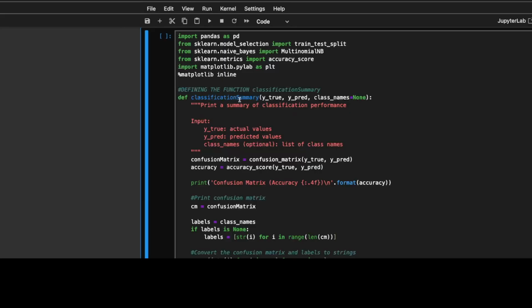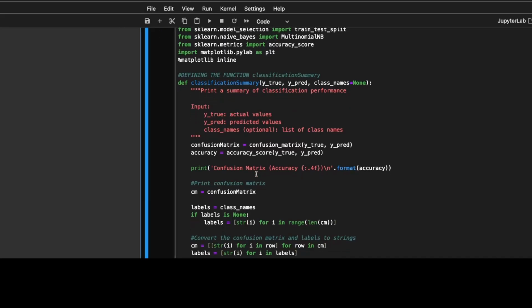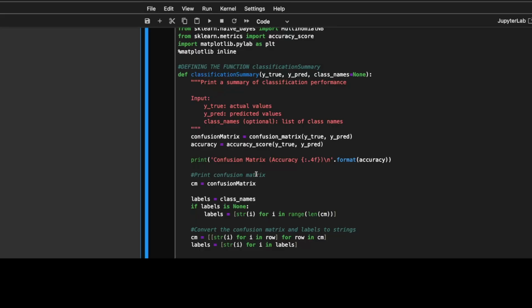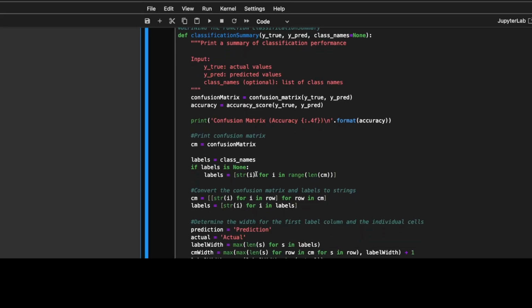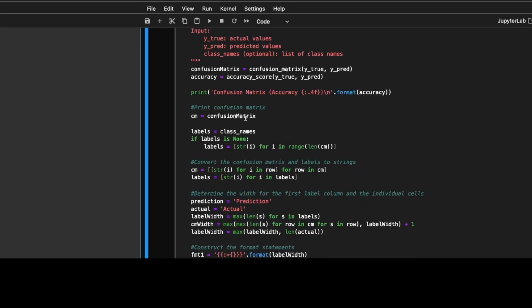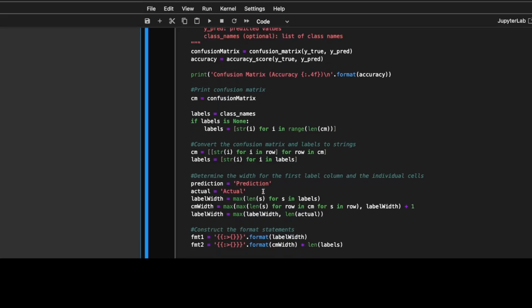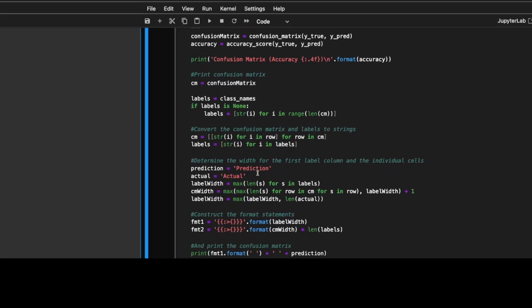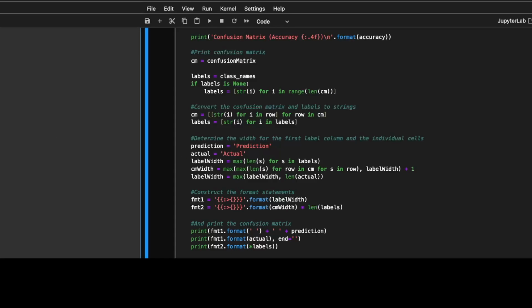So this is the classification summary, a custom function that we are going to create. And we are going to then print the confusion matrix, which will have 4 cells: true negative, false positive, false negative, and true positive. Right? So that's something which the confusion matrix is going to do.